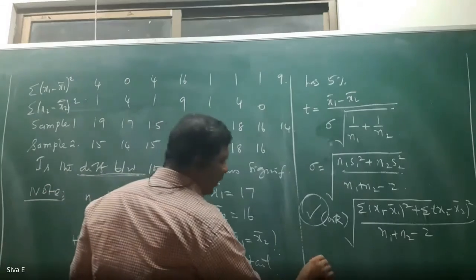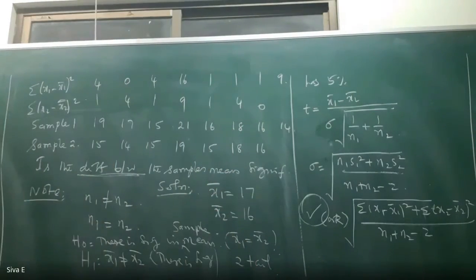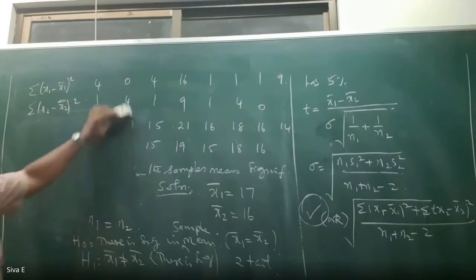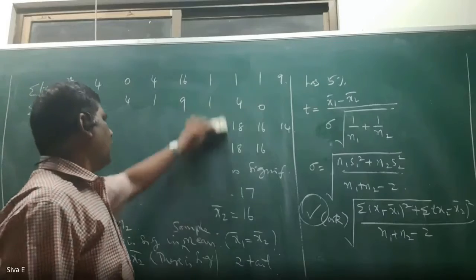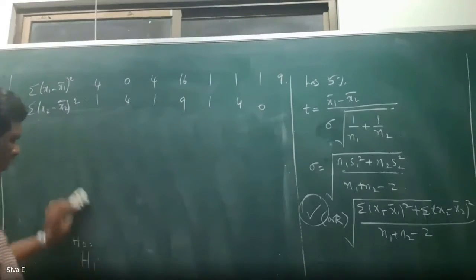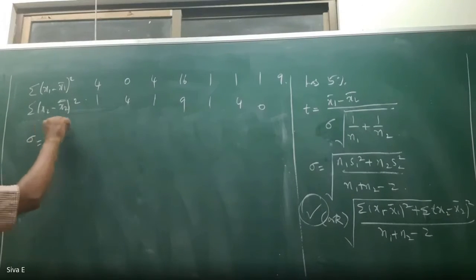So what is sigma here? Sigma equal to square root of, what is the first one?